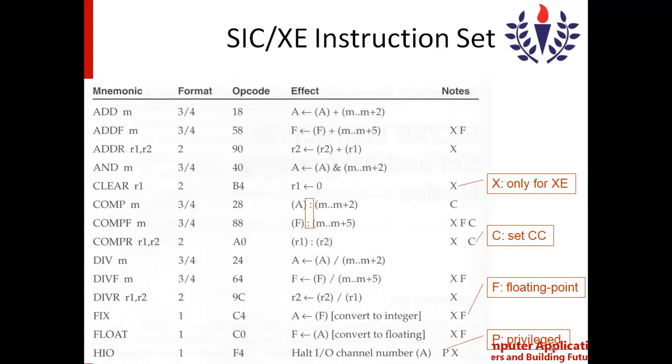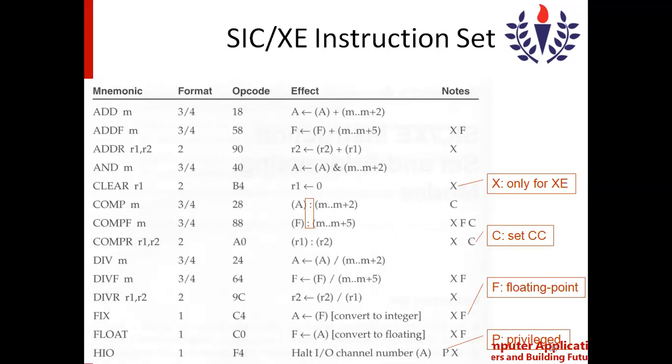And coming to the instruction set, we have whatever instruction set we use in SIC. Apart from that, we use the instructions which handle floating point numbers, and also handle the registers. And we have 2 extra instructions like RMO and SVC. Apart from that, we have the addressing modes.